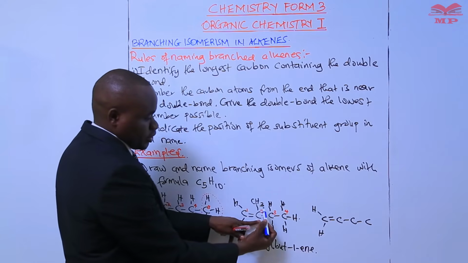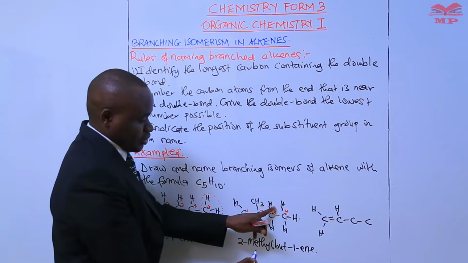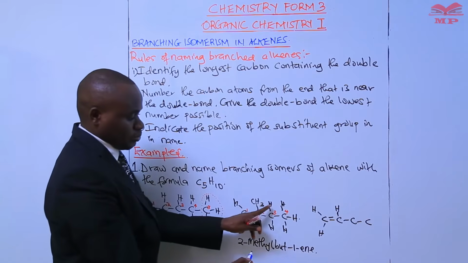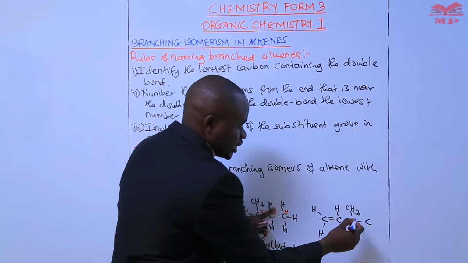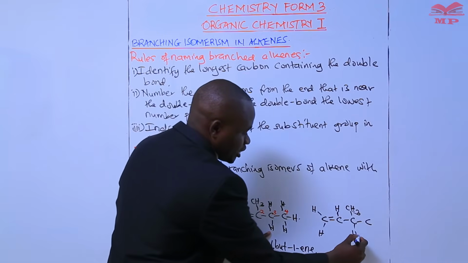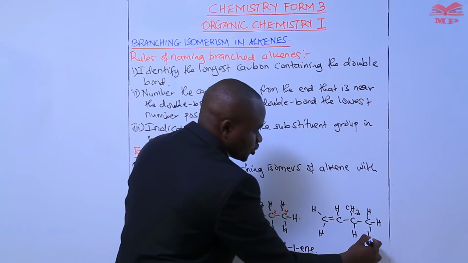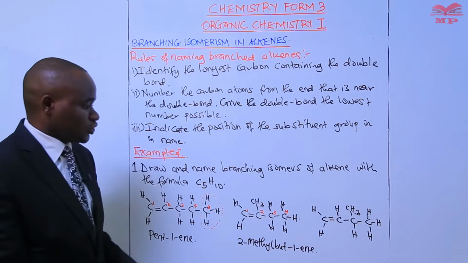I replace it with hydrogen in this position here, and then this hydrogen will be replaced by this methyl. So the methyl will take the position of this hydrogen like that, and then the rest remains. Putting in mind the fact that each carbon atom must have a total of 4 covalent bonds.